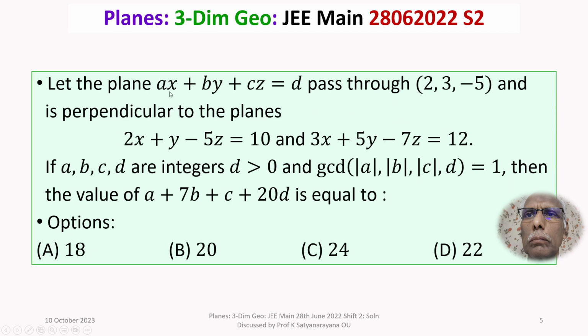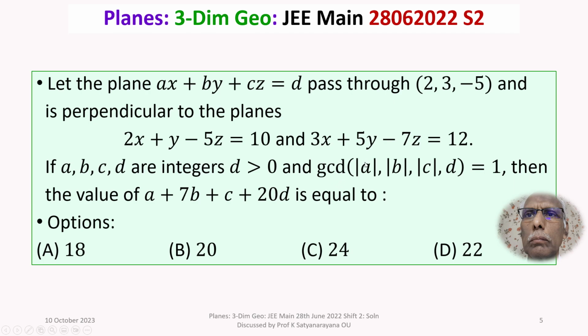Now the conditions on the coefficients of x, y, z and constant term are given here. So you have to find such a plane ax plus by plus cz plus d with these properties, and additionally these a, b, c, d are to be integers and d is positive.